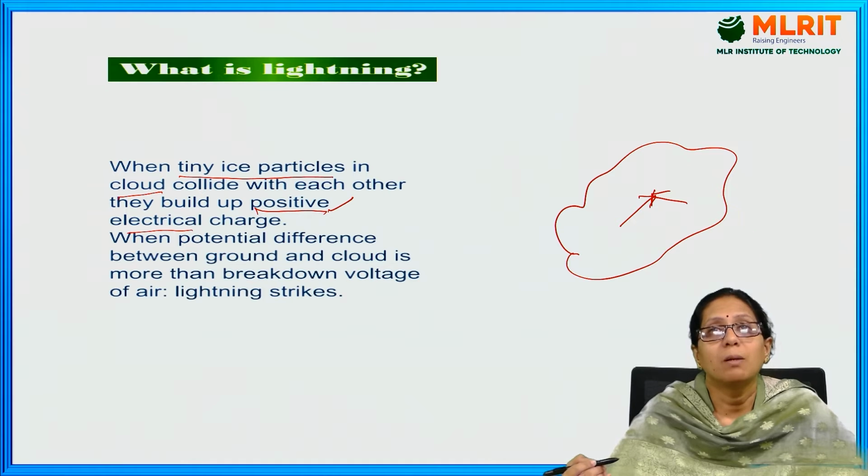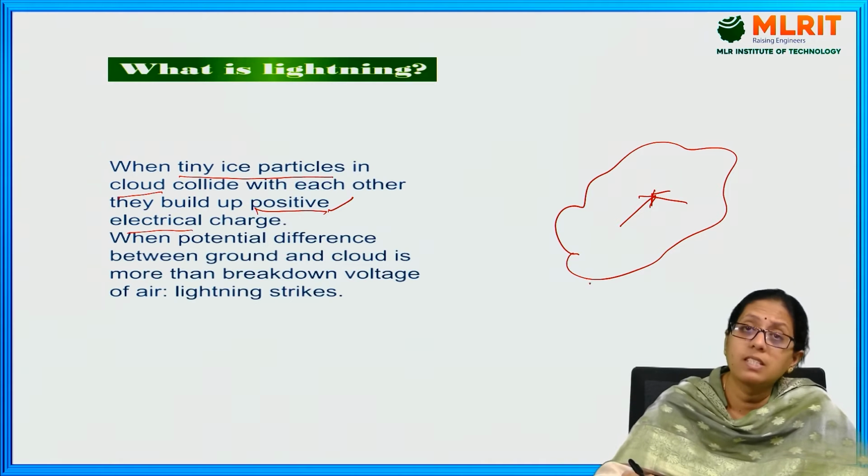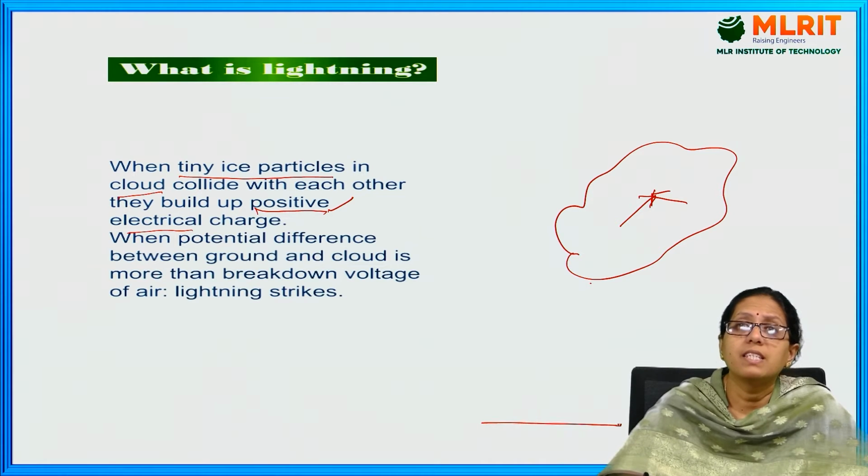And when the potential difference between the ground and the cloud is more, the breakdown of voltage in the air occurs. That means this is the cloud and this is the ground.